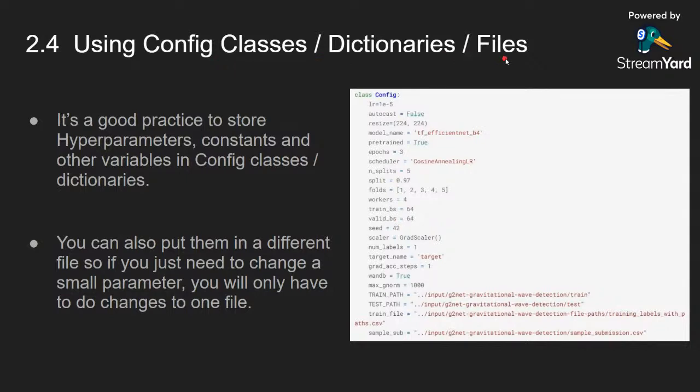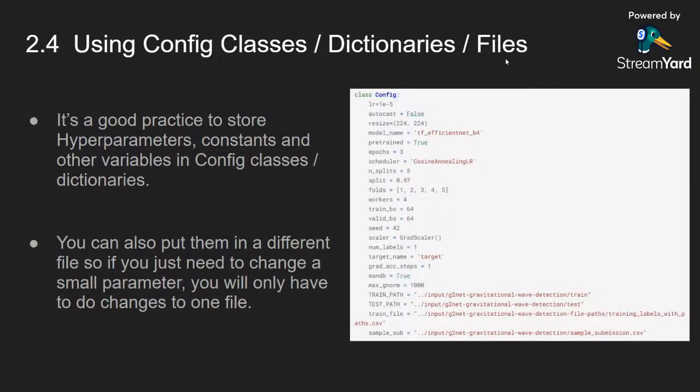So let's say you have a learning rate, number of epochs, number of splits, train batch size, validation batch size, etc. One approach is that you can have them all specified in one cell or one specific part with capital letters, and then you can use them. But then it creates problems if you want to have multiple ones for multiple models.